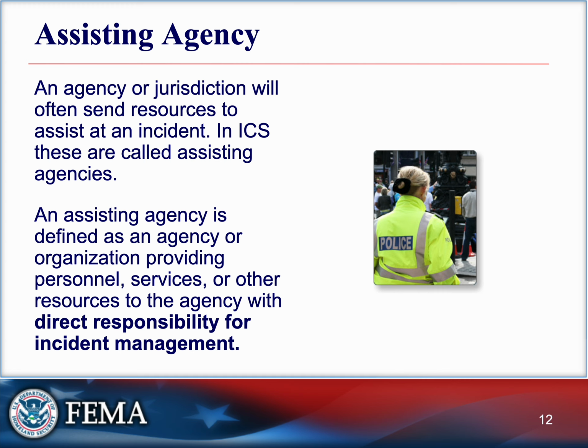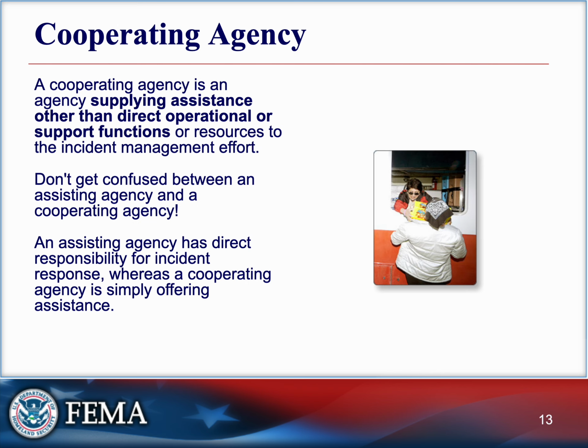So at some point in time, you will have some assisting agencies. Assisting agencies provide people, equipment, services. For example, a neighboring EMS agency sending 2 ambulances is an assisting agency, so there might be quite a few. A cooperating agency helps somewhat indirectly.